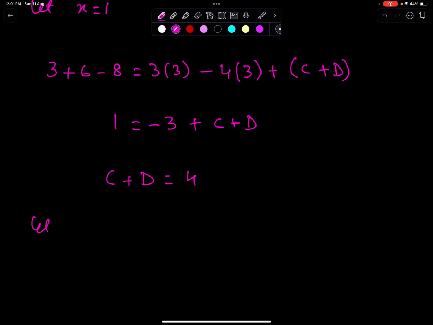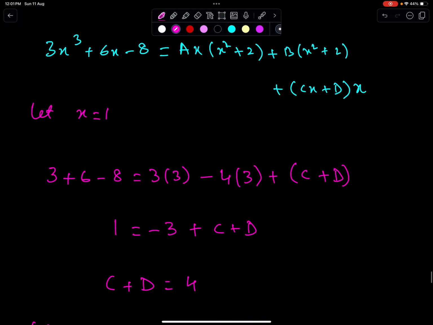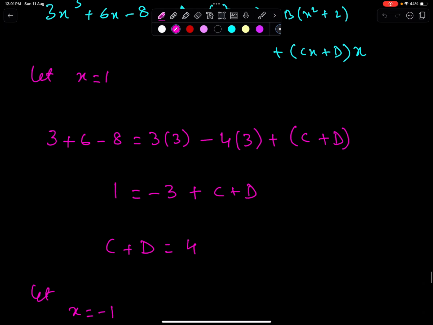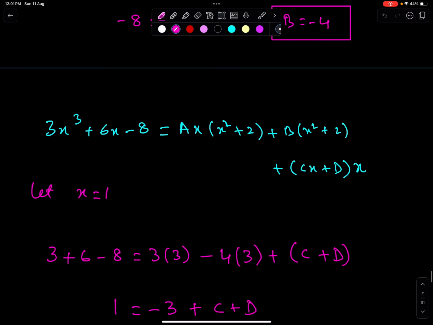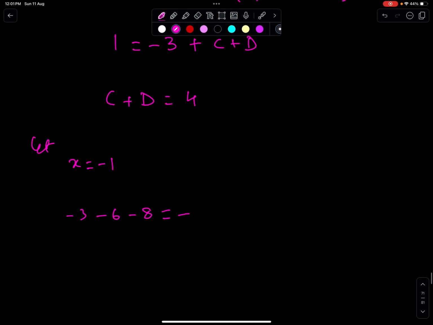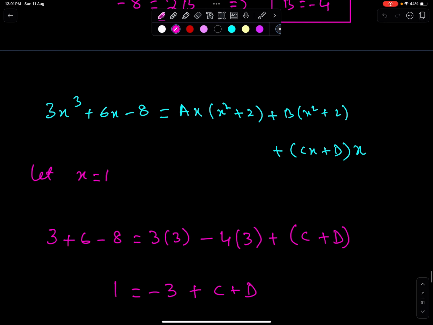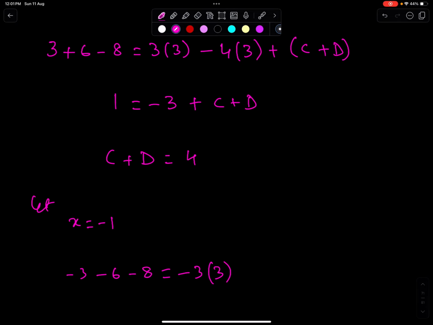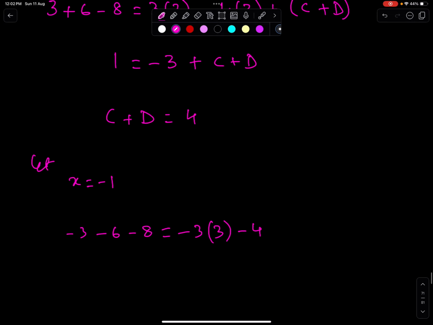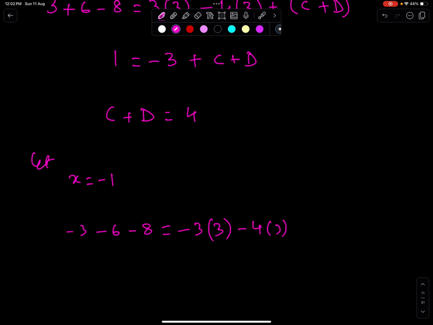Now let's substitute x = -1. So minus 3, minus 6, minus 8 on the left side. On the right side, we have a is 3, x is minus 1, so minus 3, and inside the bracket 3. b is minus 4 and 3 is inside the bracket.